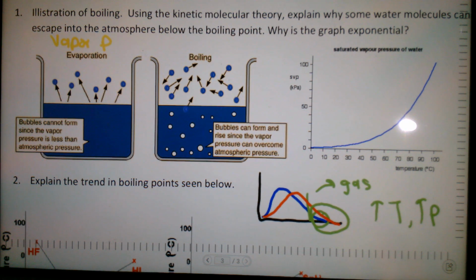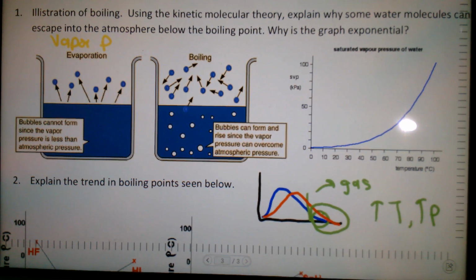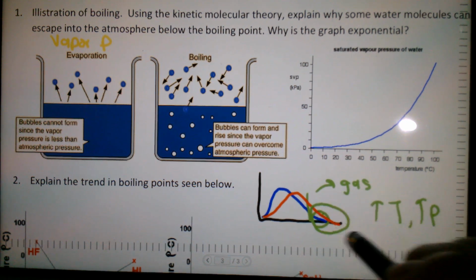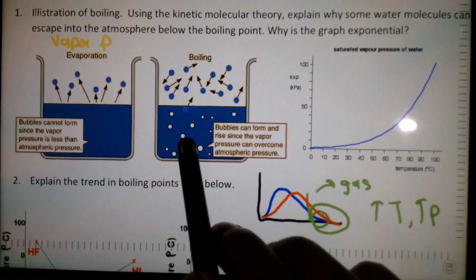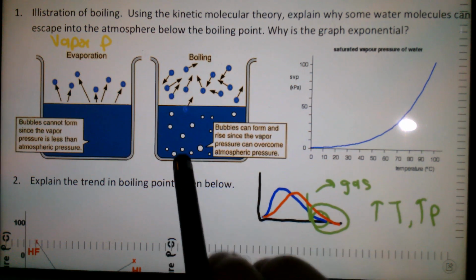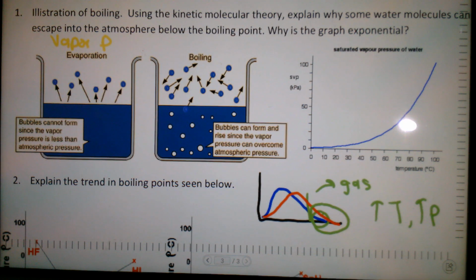Boiling represents the temperature where essentially the whole Maxwell distribution is flattened out so much that most of it is past this threshold. So now the particles have a whole lot of energy, and we start forming gas pockets inside the liquid that eventually escape out.